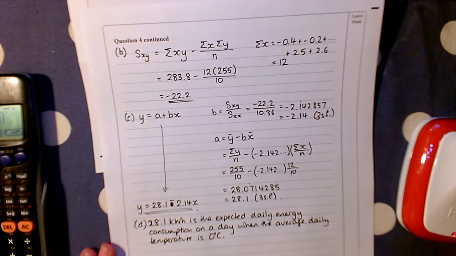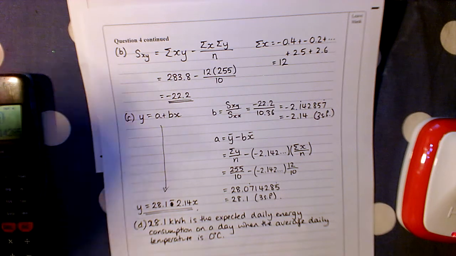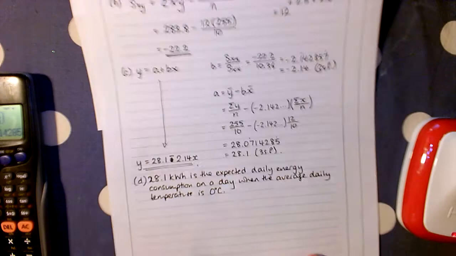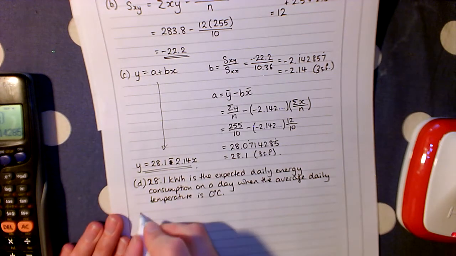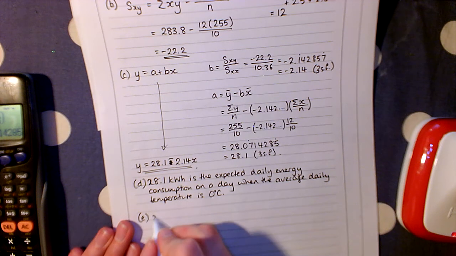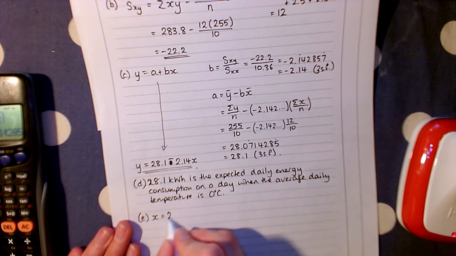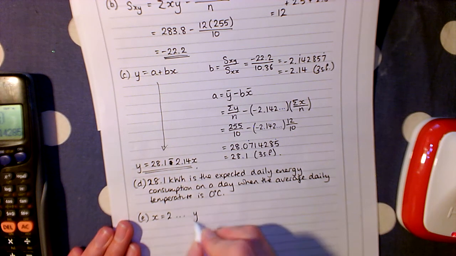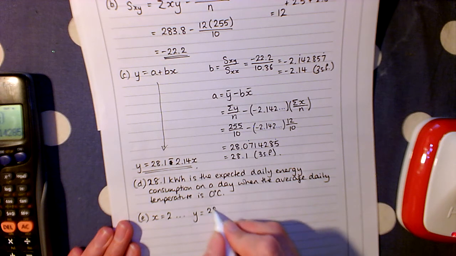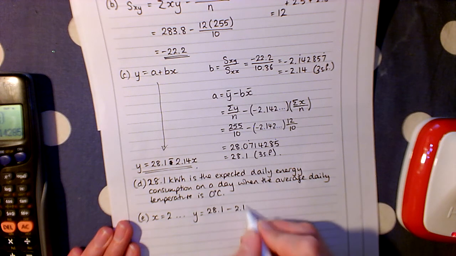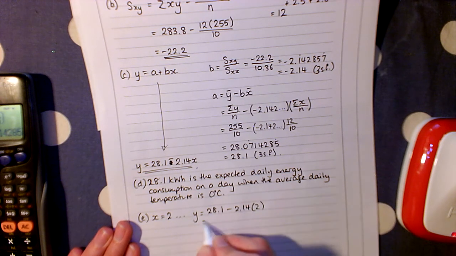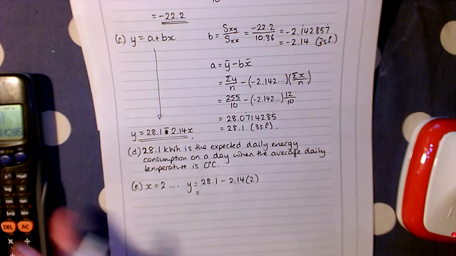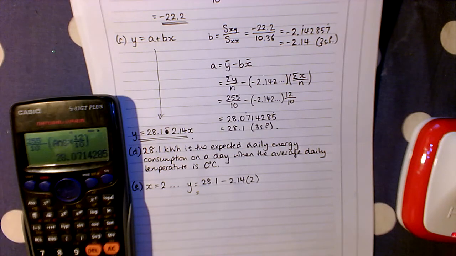Part E says, estimate her household's daily energy consumption when the average daily temperature is 2 degrees C. So for this, all we're doing is taking x from 0 up to 2, and y can be found by doing 28.1 minus 2.14 multiplied with 2. Now, we were specifically told to write this formula to 3 significant figures, so at this stage I wouldn't be using anything more accurate than this.